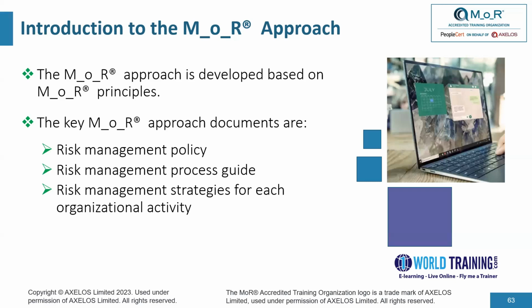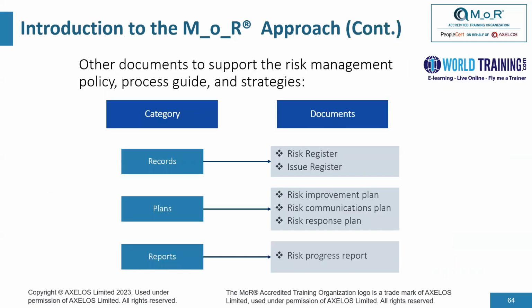Let me just take you through a few more ideas. Introduction to the MoR approach. There are 3 categories of supporting documents, and each of these categories is reflected on this slide.